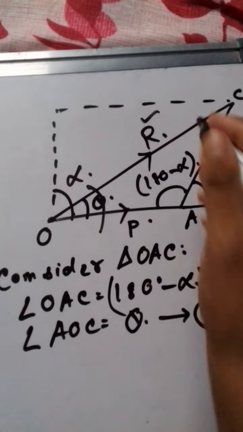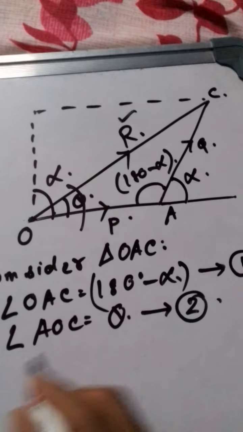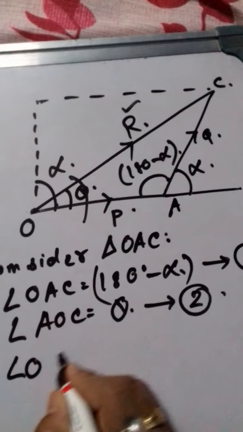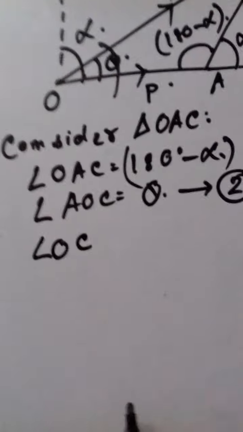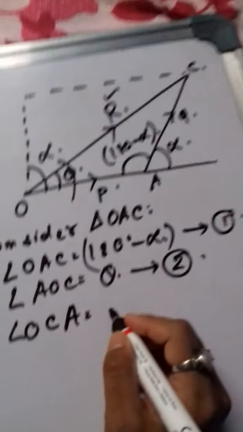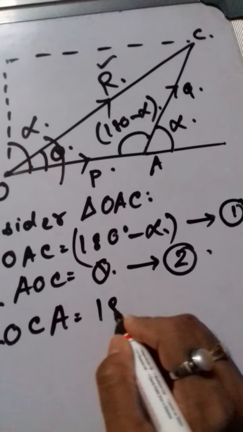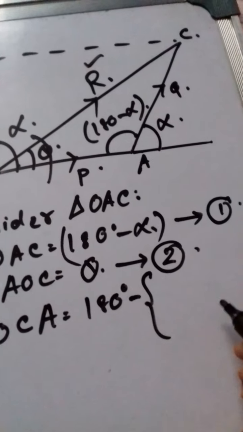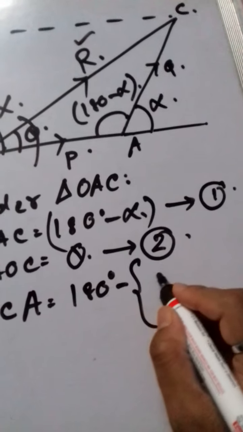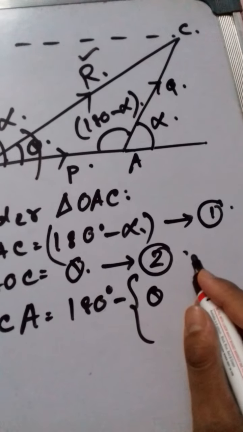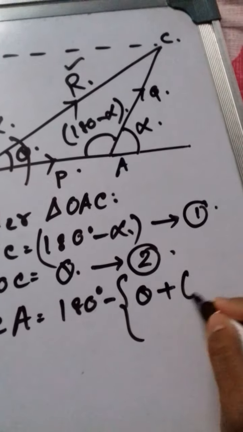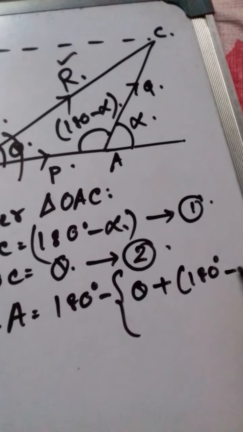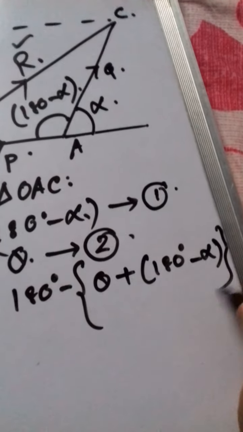So let us consider angle OCA. What will be angle OCA? 180 degree minus the sum of the two opposite angles. It is theta plus 180 degree minus alpha, right?